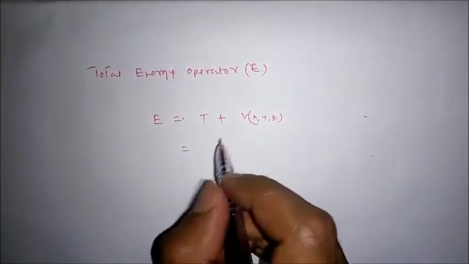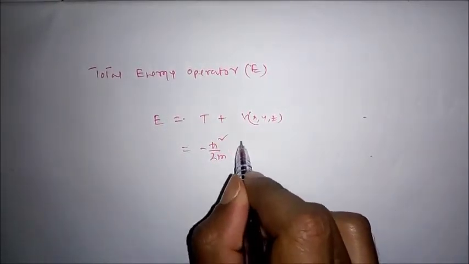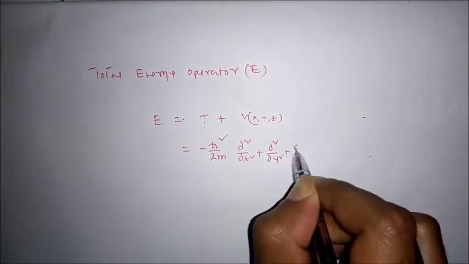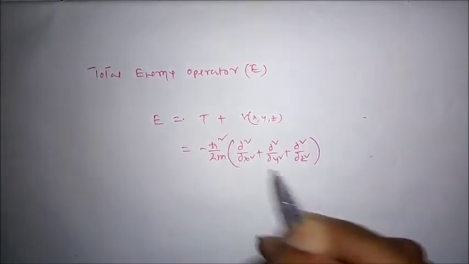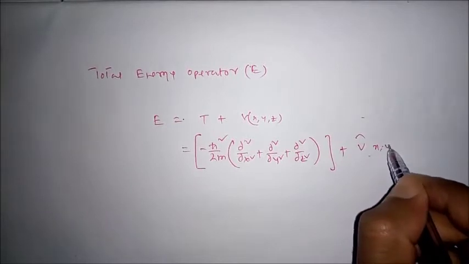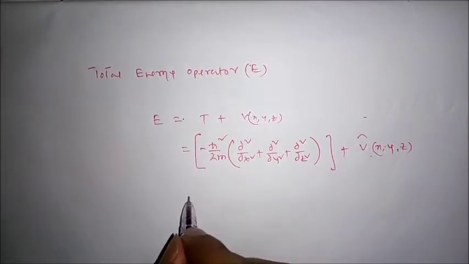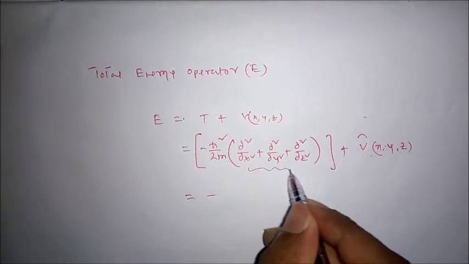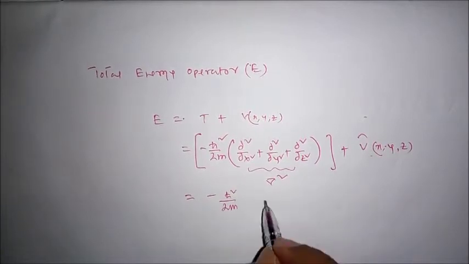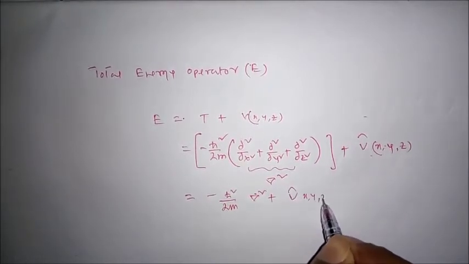This is equal to minus ħ² divided by 2m times ∂²/∂x² plus ∂²/∂y² plus ∂²/∂z² for a three-dimensional system, and V is replaced by V(x, y, z), a function of these three coordinates. This can be written as minus ħ² by 2m del square plus the potential operator V(x, y, z).